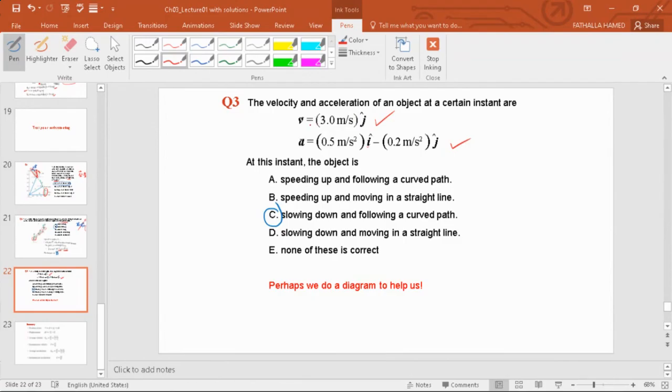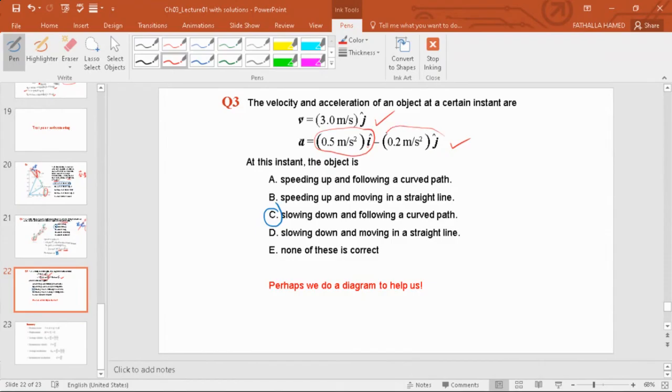So if you look at the acceleration relative to the velocity, there is a parallel component along the j, and there is a perpendicular component along the i. The perpendicular part will work on changing the direction of your velocity.